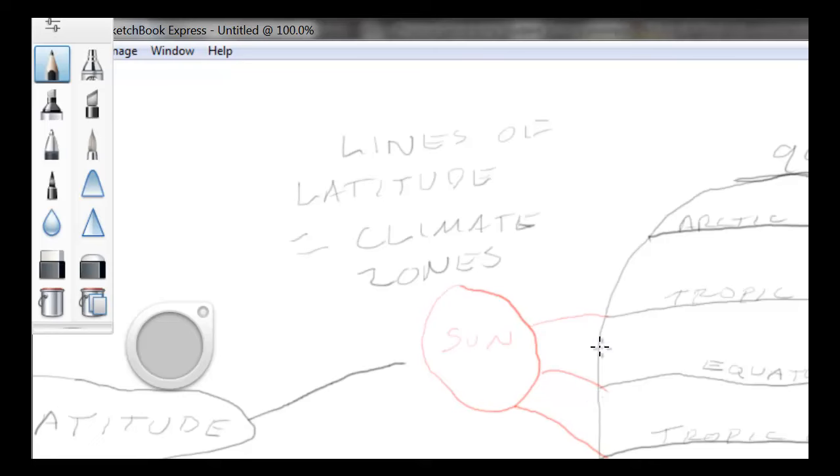So here it's about 6 months out of the year. Here it's 3 months of the year during our winter months. And here it's 3 months out of the year for our summer months. And so this is where most of the sun's radiation is hitting the Earth. So we should be able to make some basic generalizations about this.